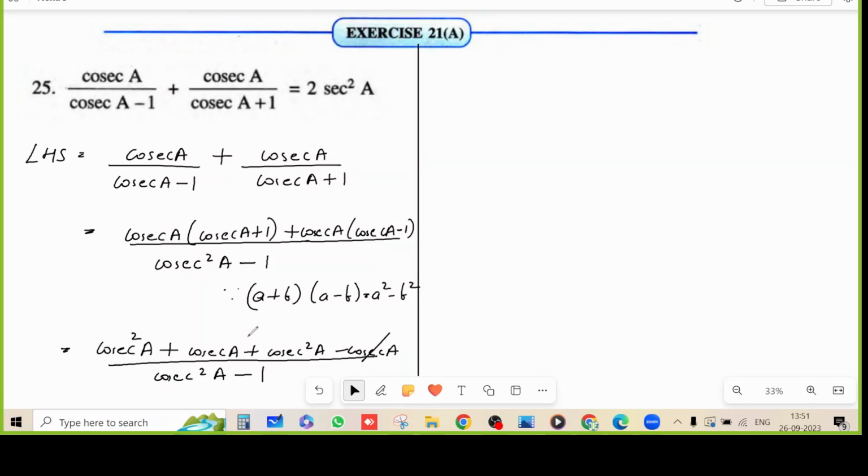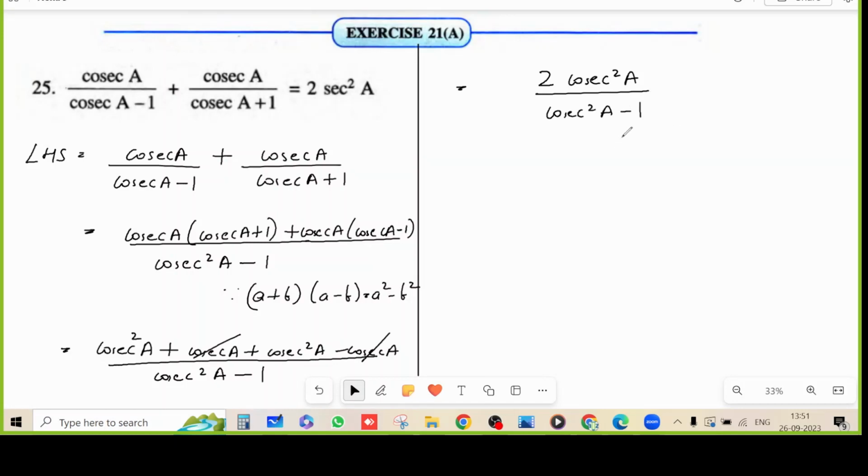So cosec a and minus cosec a will get cancelled out and the numerator will be equal to 2 cosec square a divided by cosec square a minus 1.